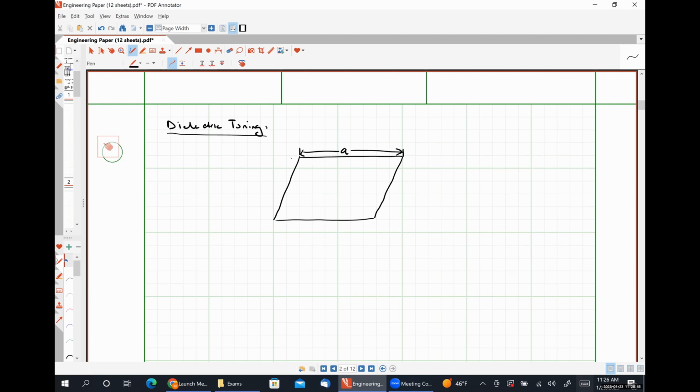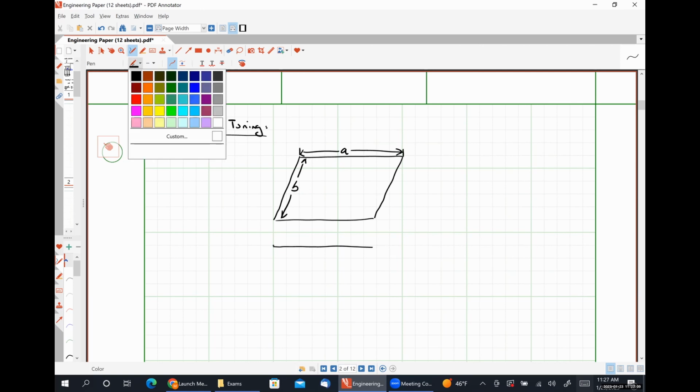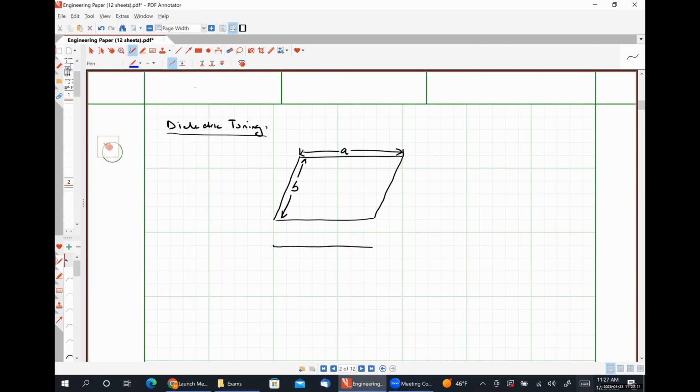And its dimension in this direction is B. We also have a second plate down here. Okay. And let's say that we have a material interface here.